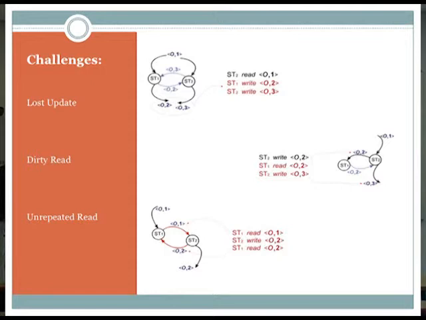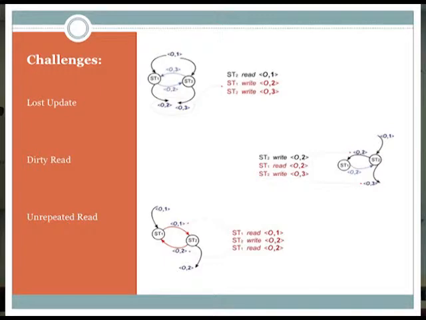Somebody else comes and writes on top of this data. Then the first transaction, based on its calculation, writes on top of that particular data. We have a lost update. It's more like, in this scenario, sub-transaction 1 did nothing.